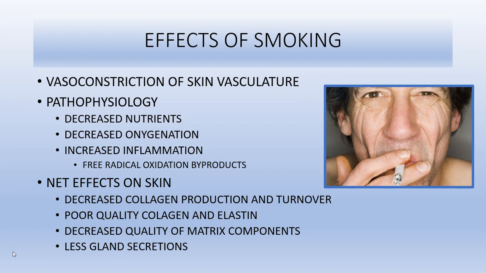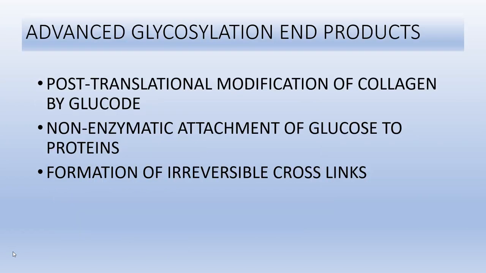And overall, smokers have poor quality collagen and elastin, poor quality and decreased amounts of skin matrix components, less sebaceous gland and gland function within the skin. So that is one factor that we attempt to control in our patients with skin pathology, we certainly want to talk to them about discontinuing smoking, the reasons why they want to discontinue smoking, and document that discussion.